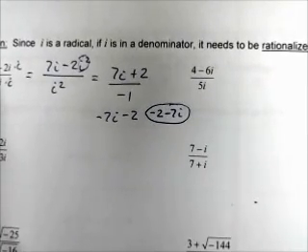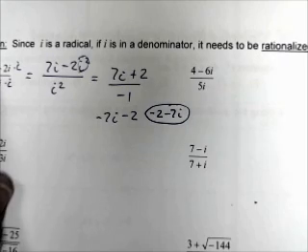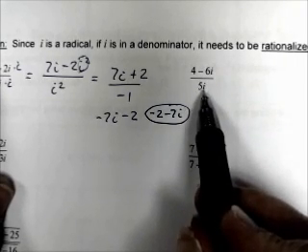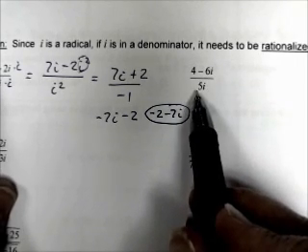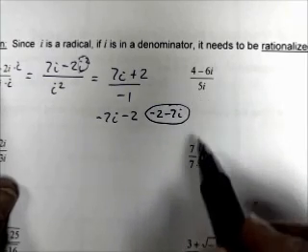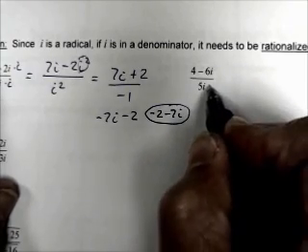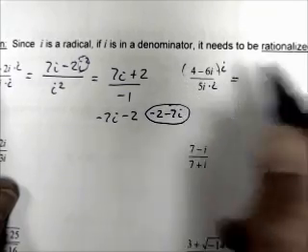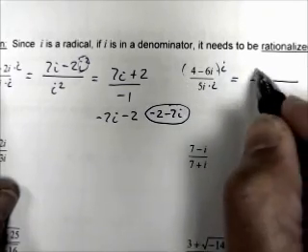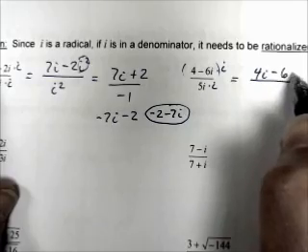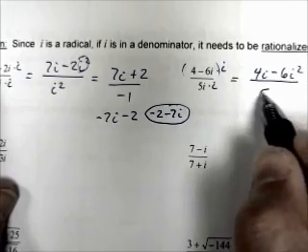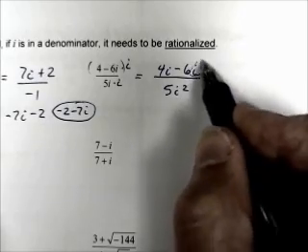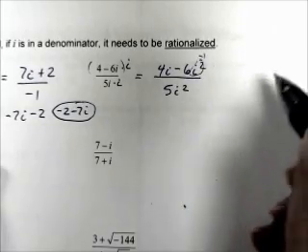Look at our next one. Again, the i, we cannot keep that. 5 is okay, but i will have to bring up to i squared, so we multiply by i. So we have 4i minus 6i squared over 5i squared. That's negative 1, so that's going to be plus 6.